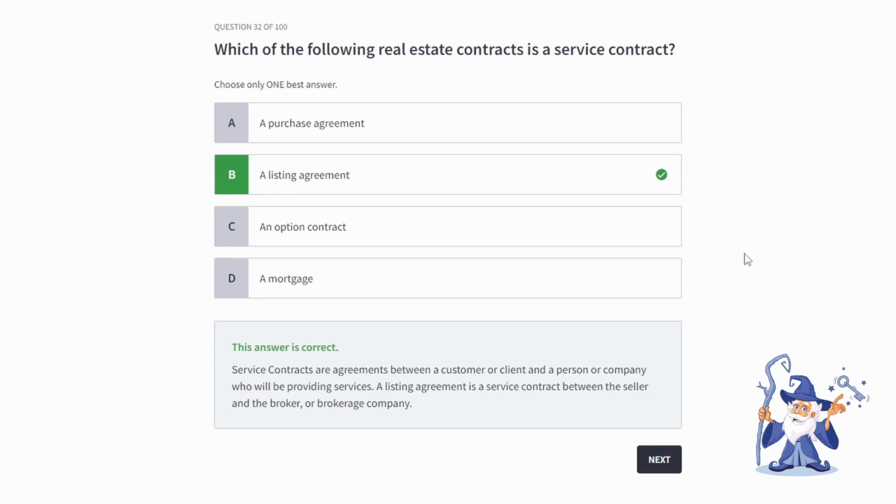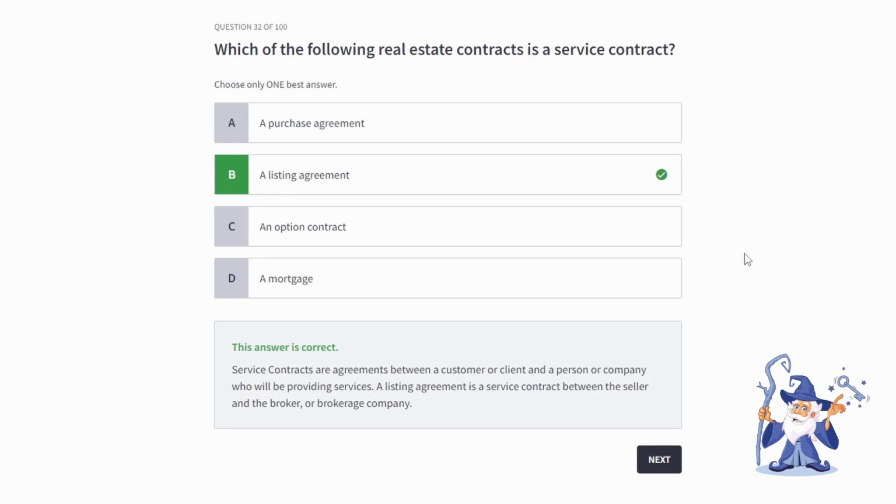So I know a couple of you guys might think it could be purchase contract, option contract, or even potentially mortgage. But again, when you're thinking of service and not maybe product or different sort of scenarios, it's going to be in this example a listing agreement.